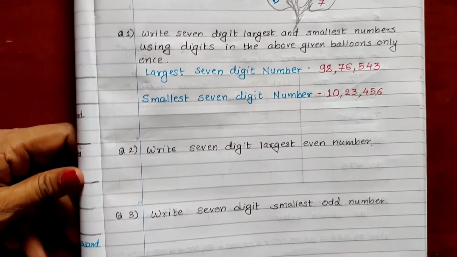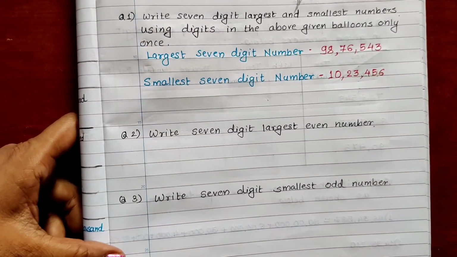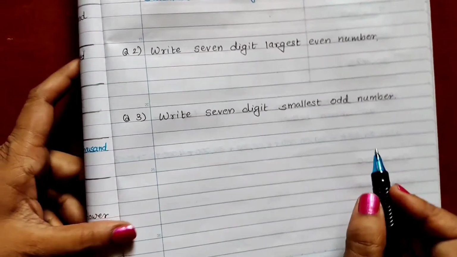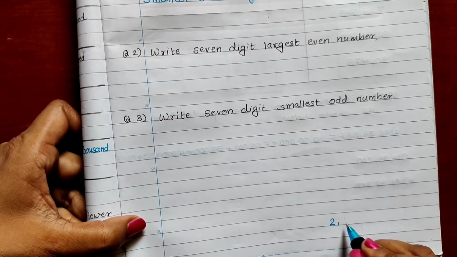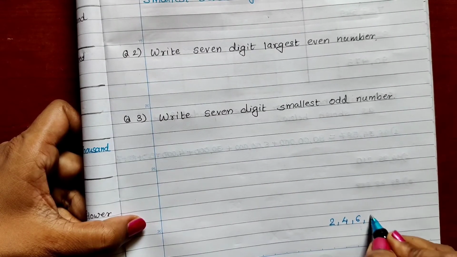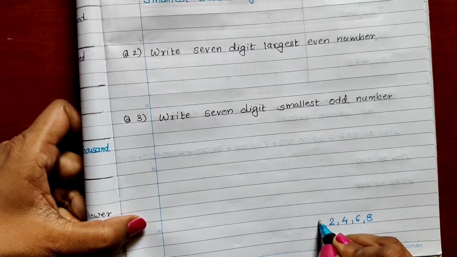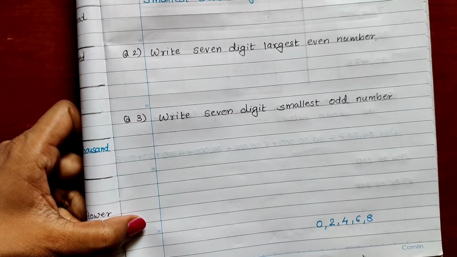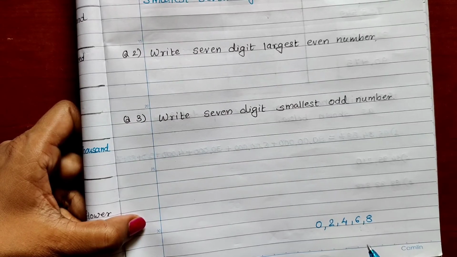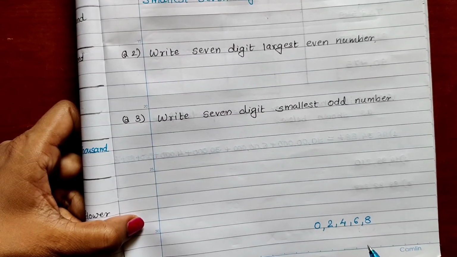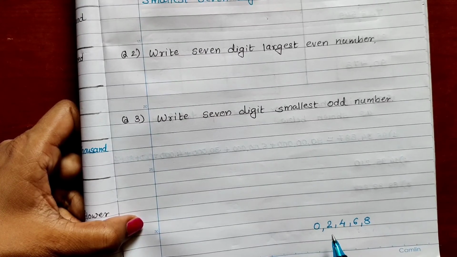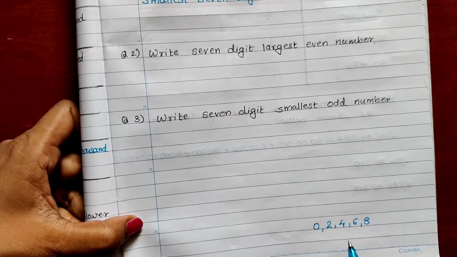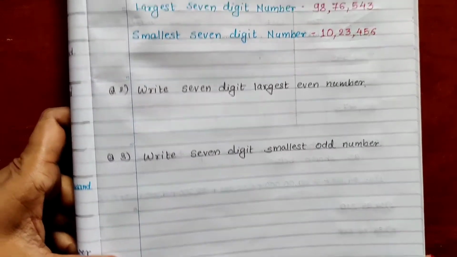When 2, 4, 6, 8 and 0 is in the unit place, then we can say that the number is divisible by 2, and a number which is divisible by 2 is known as an even number. So we have to form the largest even number. So how to form it? Let us see.